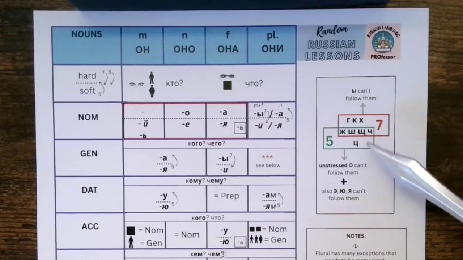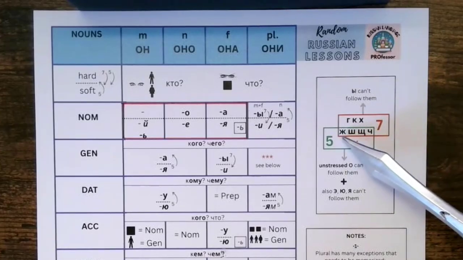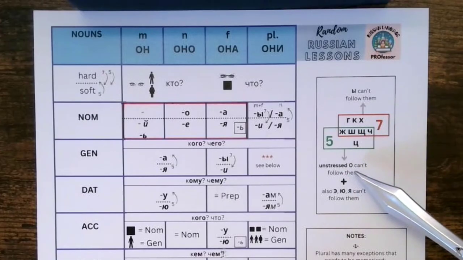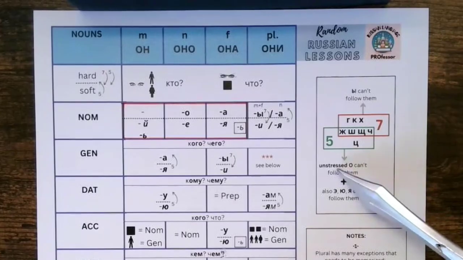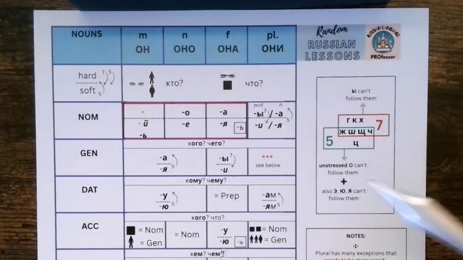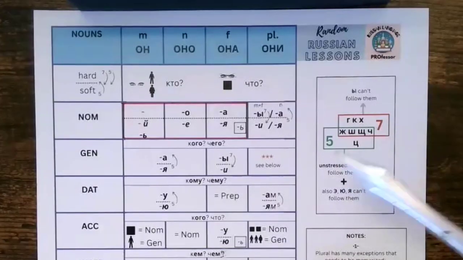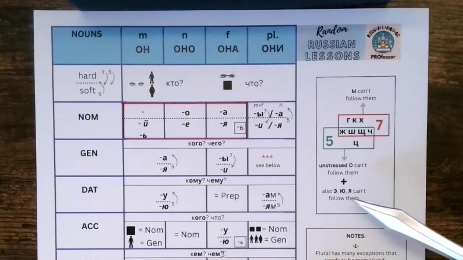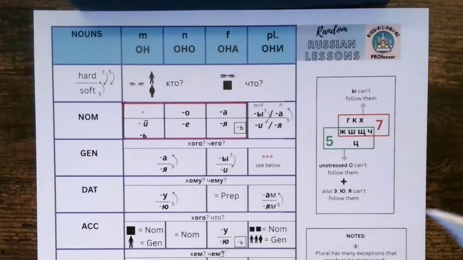The 5-letter rule has 5 letters, Ж, Ш, Щ, Ч, and C, that cannot have an unstressed O follow them. They can totally have a stressed O, so the O that the stress falls on, but they cannot have an unstressed O follow them. It has to change. Also, these letters cannot have A, U, or Ya follow them.